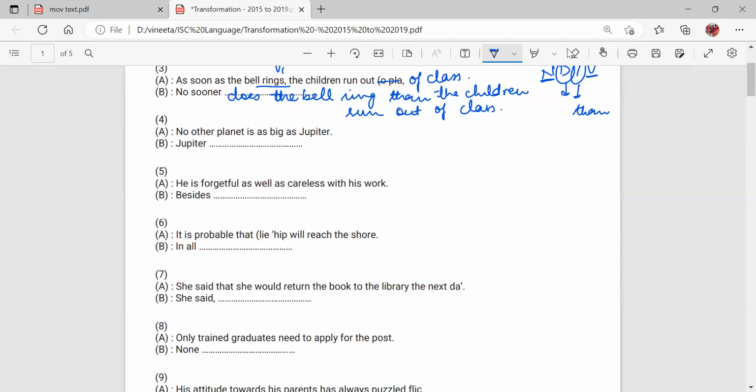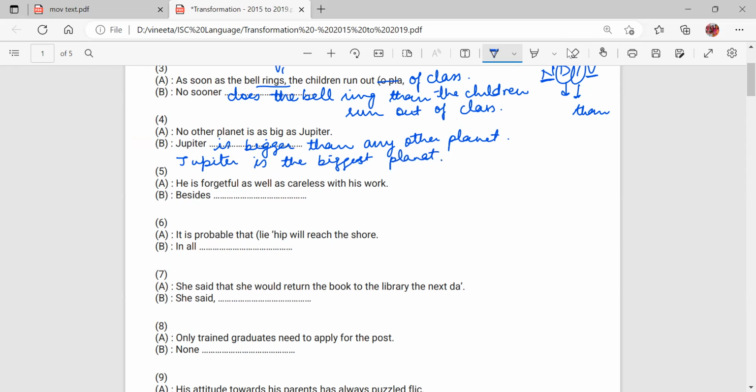Comparative can be like Jupiter is bigger than any other planet. Or you can also change it into a superlative degree, like Jupiter is the biggest planet.